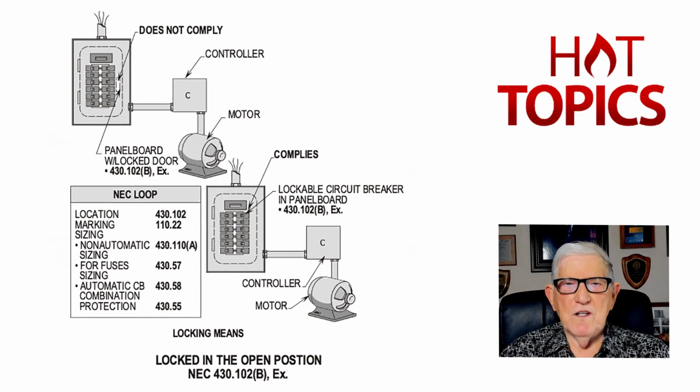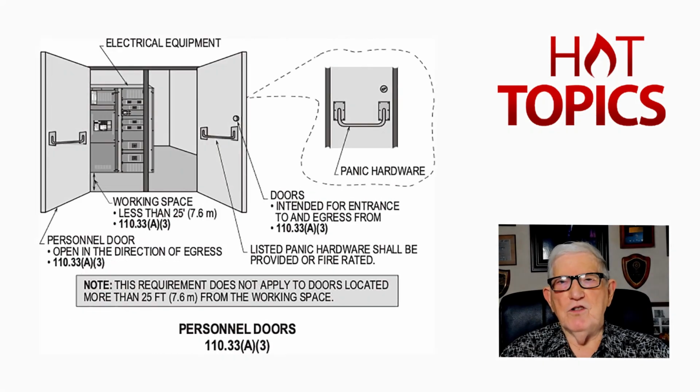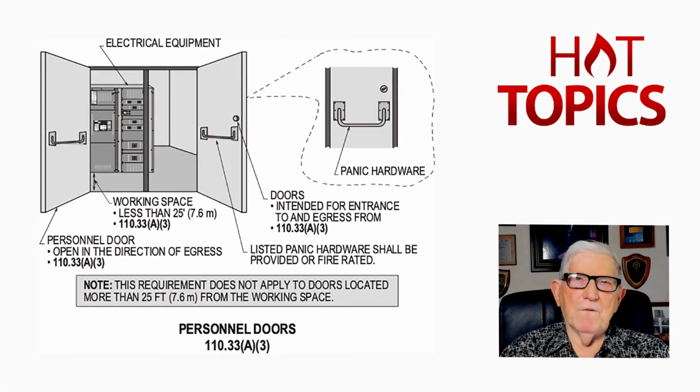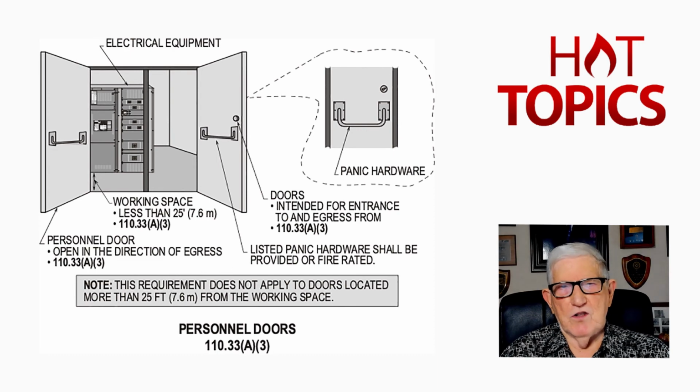Then again, you see the NEC loop that gives you a lot of good designing and installing information. Now, the final illustration that we want to review is 110.33(A)(3). When you lock these doors that you see in the illustration, it's just to prevent the unqualified from gaining access into that room.